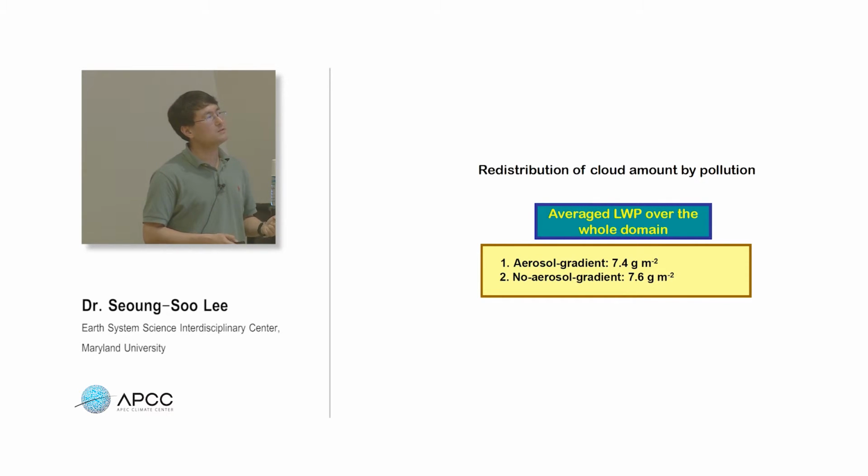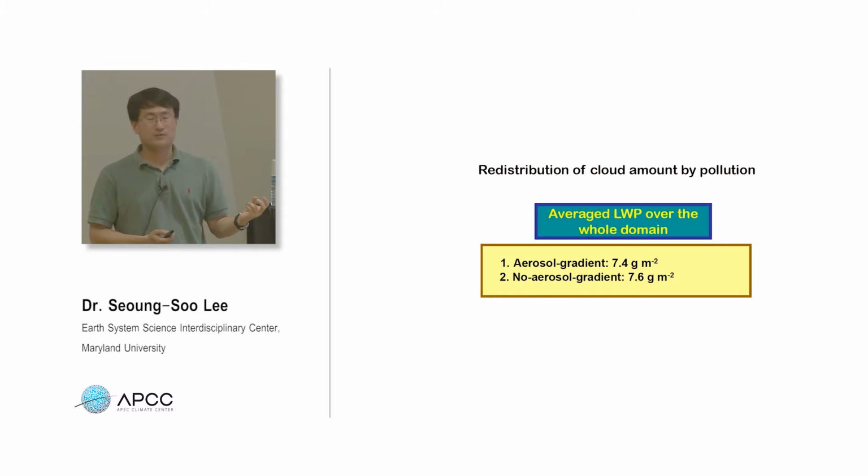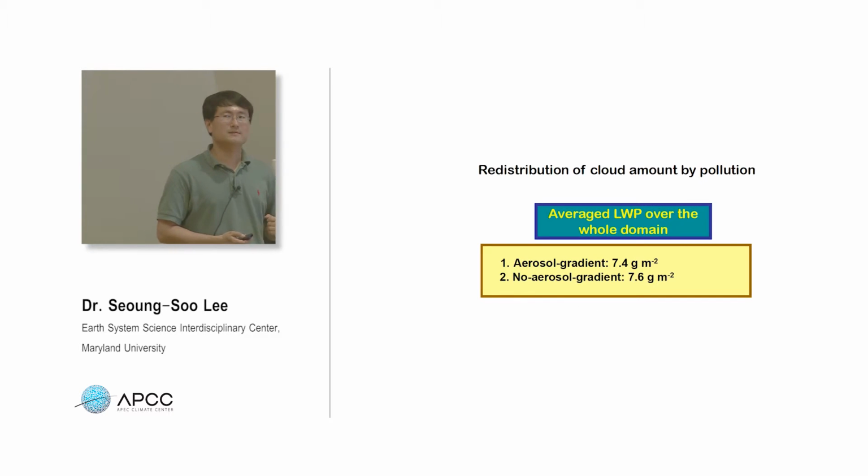These numbers show very small difference between the runs. So this gives us a very important indication that the aerosol perturbation in area A in aerosol gradient tends to redistribute cloud amount represented by LWP spatially, as compared to the LWP spatial distribution in no aerosol gradient.